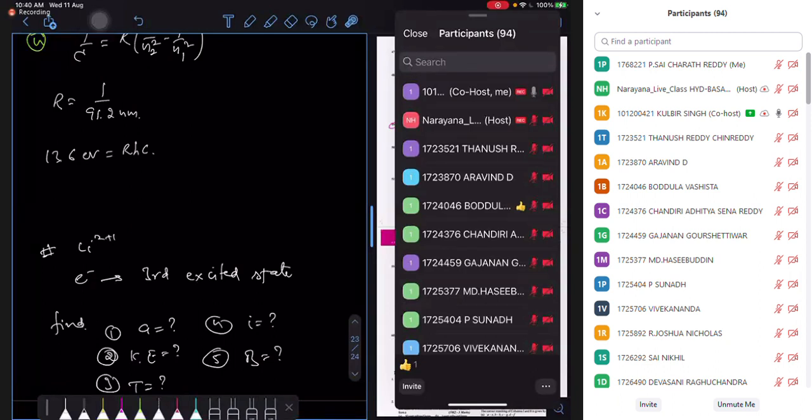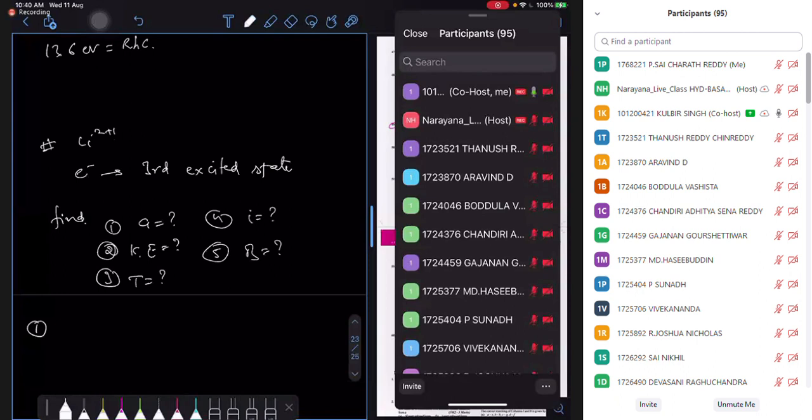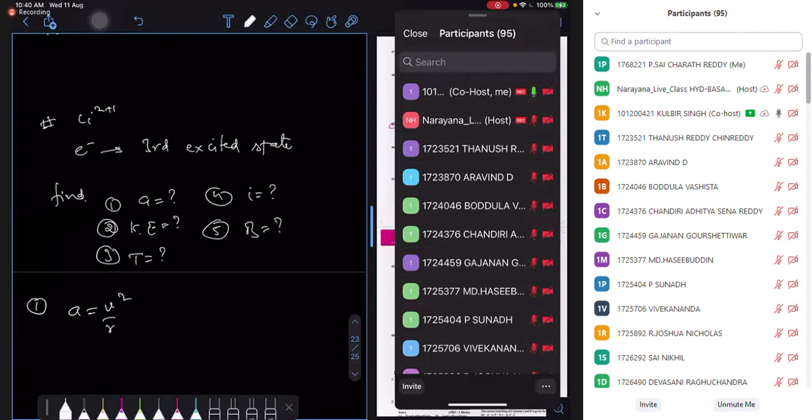But the first one is acceleration. What is my acceleration? In a circle, my acceleration is v square by r. If I write here, my velocity is z by n, the proportionality constant is alpha, and the alpha value is 2 into 10 raised to the power 6. The r value is proportional to n square by z, with proportionality constant 0.51 angstroms.